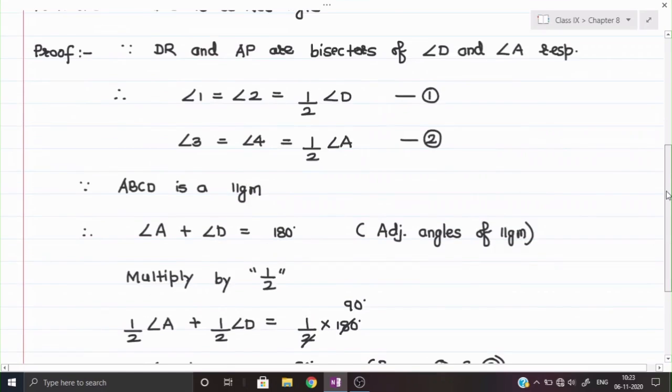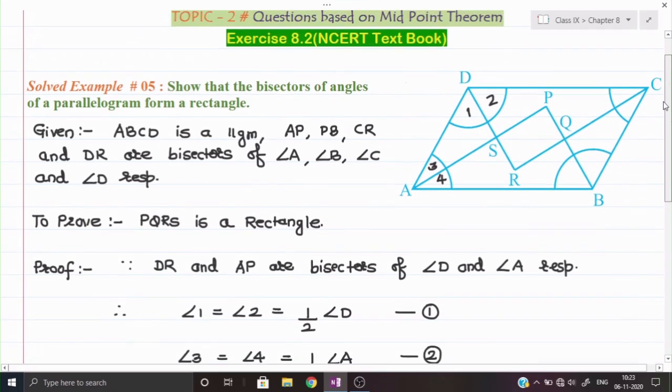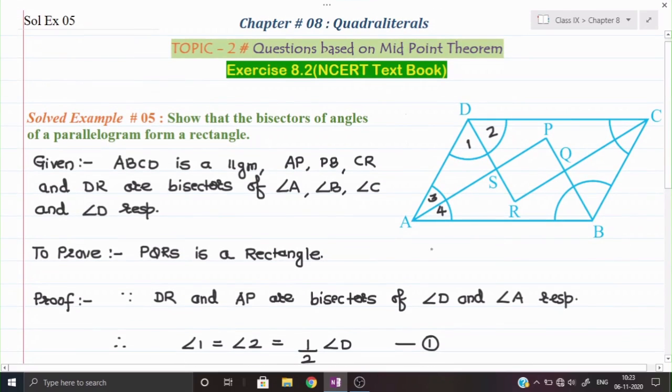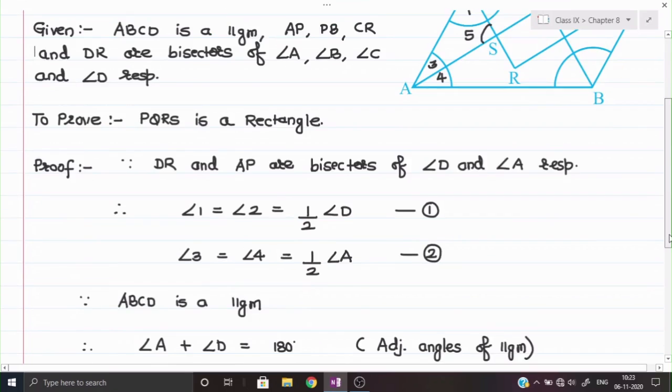Now look at the triangle DSA. In DSA, this angle I am supposing as angle number 5. So observe in triangle DSA there are three angles, angle 1, angle 3 and angle 5, having the sum as 180 because of the angle sum property.